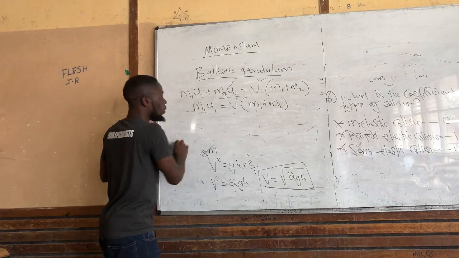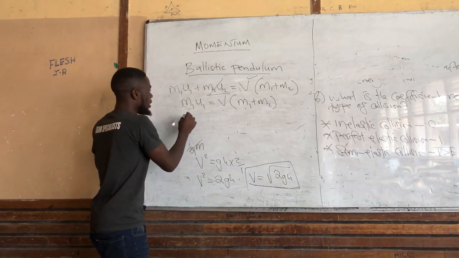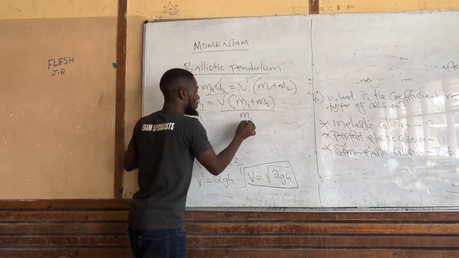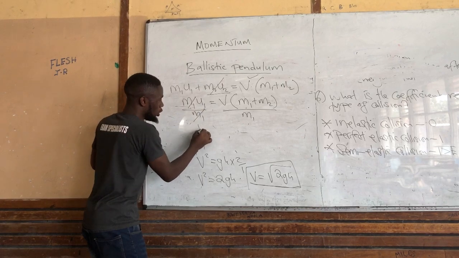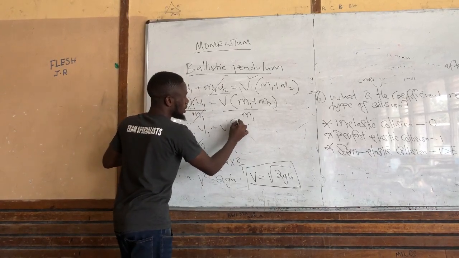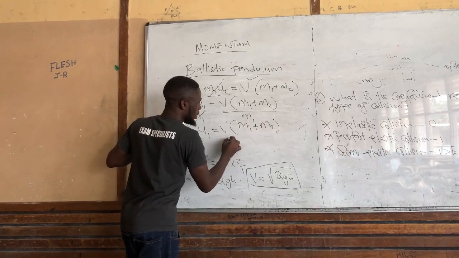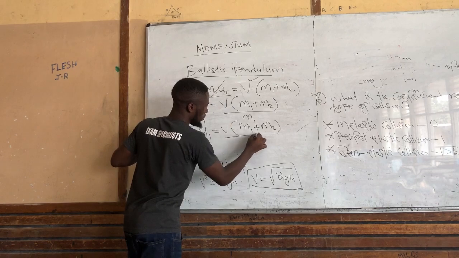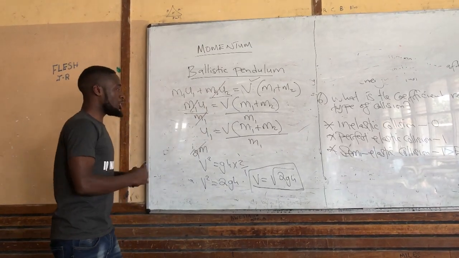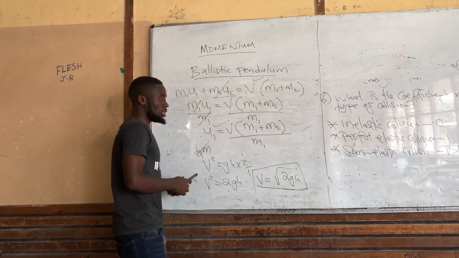If you are told to find the initial speed of the bullet, which is u1, we make u1 the subject of the formula by dividing by m1. So u1 equals v (m1 plus m2) over m1. This is the equation that we use to find the initial speed of a bullet before collision.